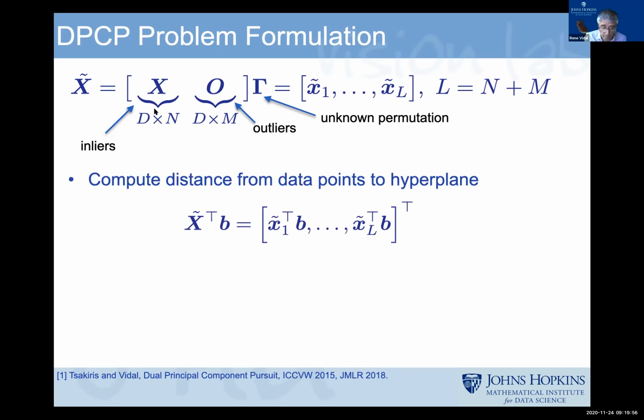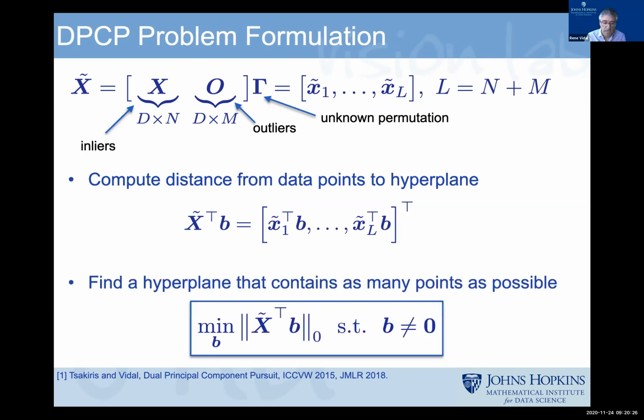So in the hyperplane case, we're going to be working with a normal vector B of dimension capital D, and the dot product between the normal vector and the data points should ideally be 0 if you're an inlier and non-zero otherwise. And so this vector of dot products, in a sense, if B is normalized, is almost like the distance from the point to the subspace, if you wish.